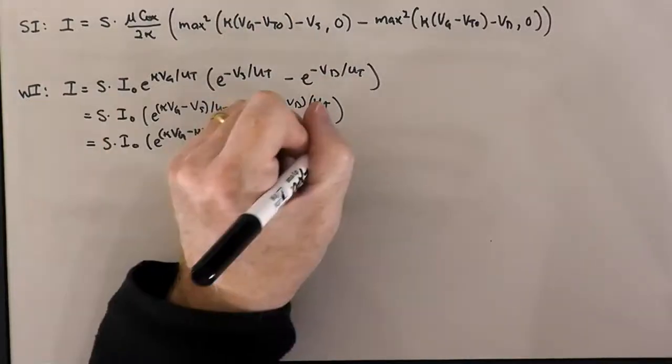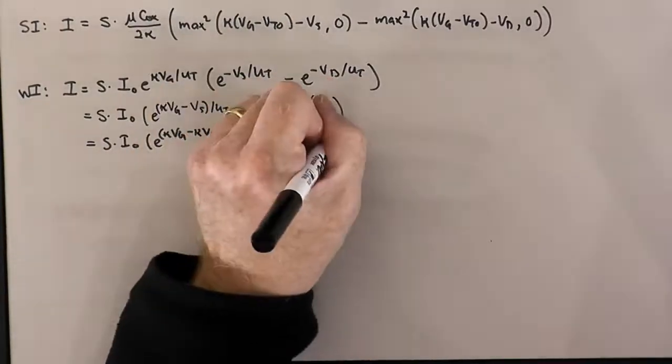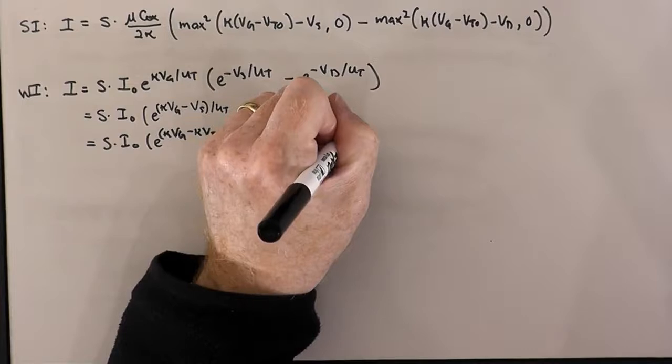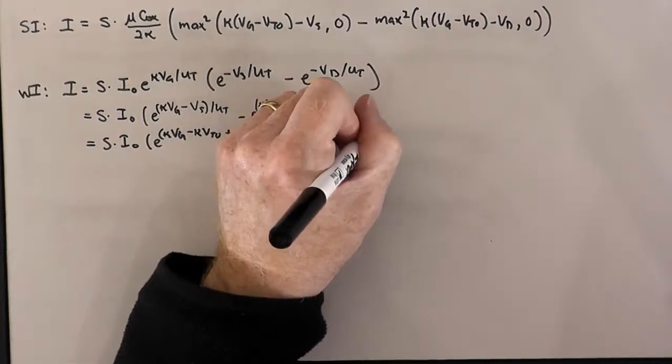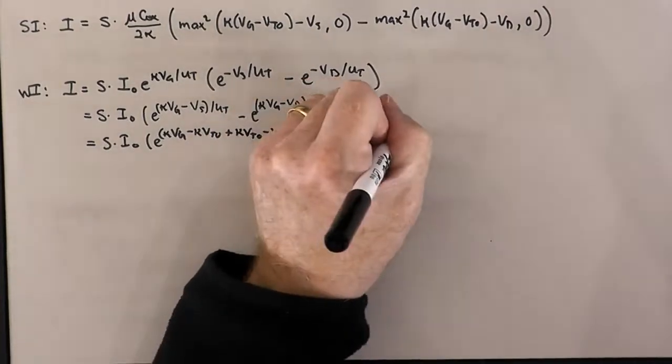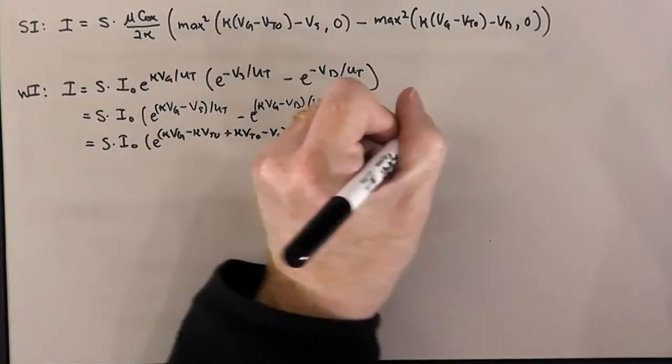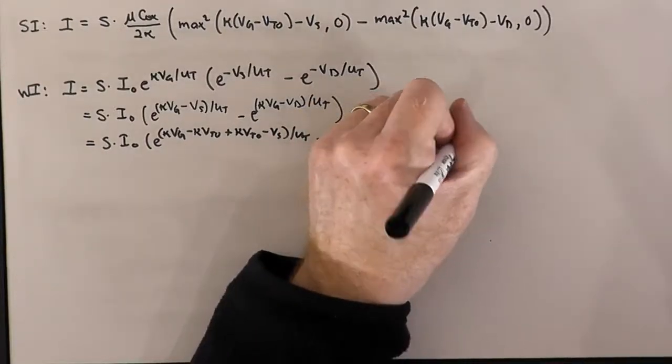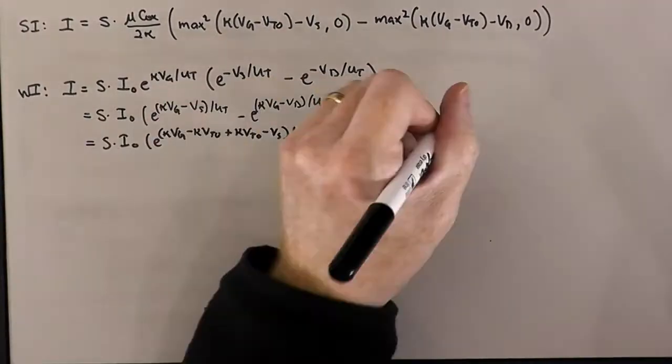And then up here we have an e to the kappa Vg minus kappa Vt0 plus kappa Vt0 minus Vd over Ut.